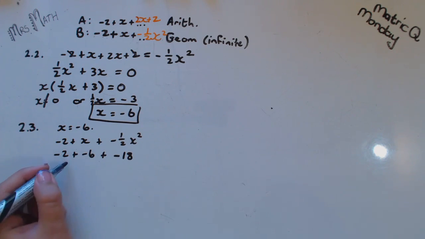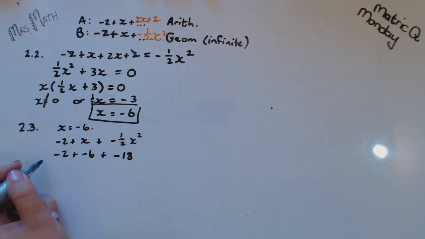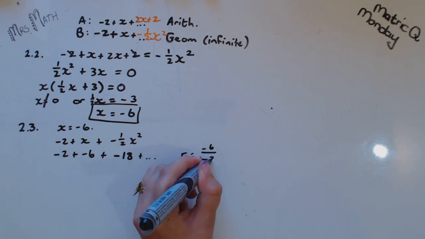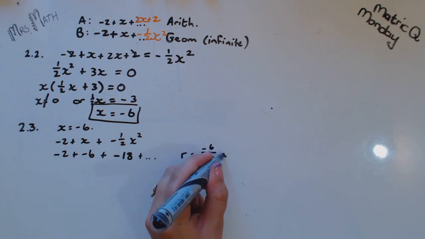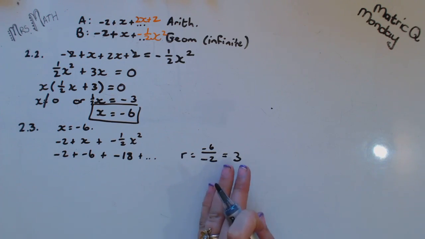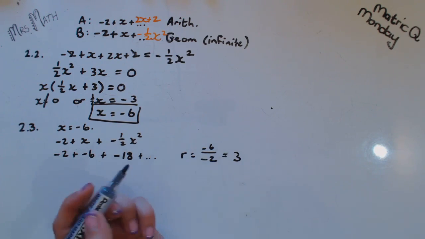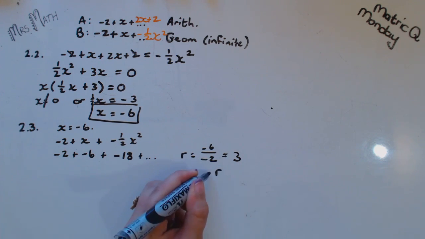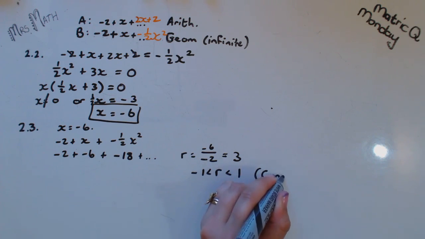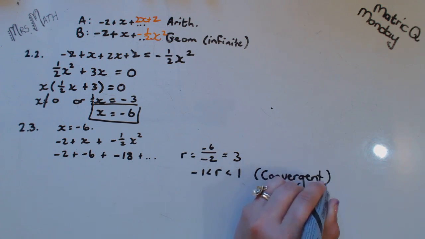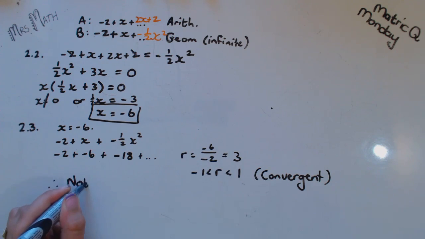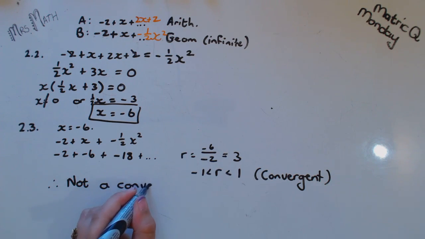And then this R value, my R value is minus 6 over minus 2, term 2 divided by term 1, which is 3, or term 3 divided by term 2, minus 18 divided by minus 6, which is 3. For a convergent series, I need my R to lie between minus 1 and 1. So my R is 3, it doesn't lie in that range, therefore this is not a convergent series.